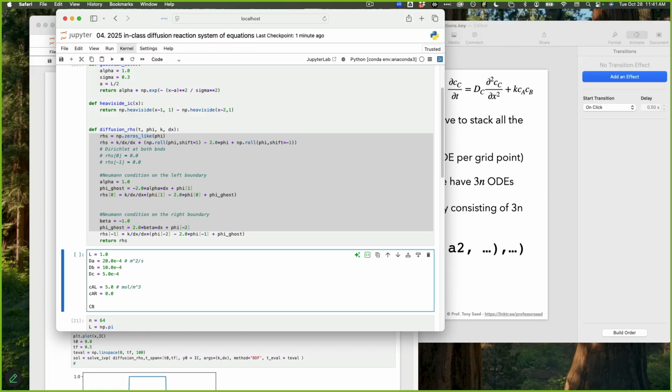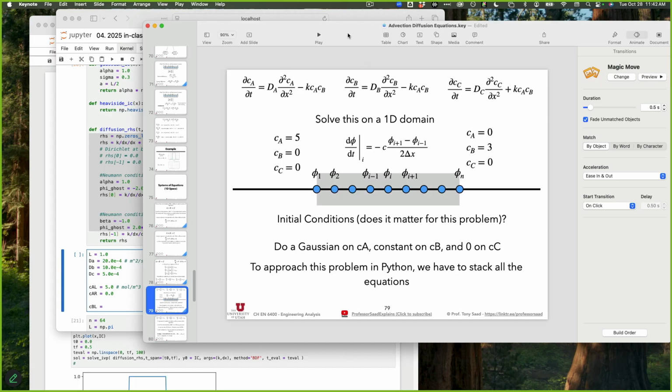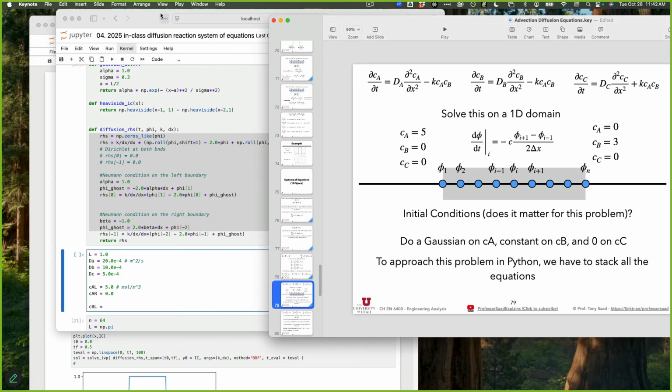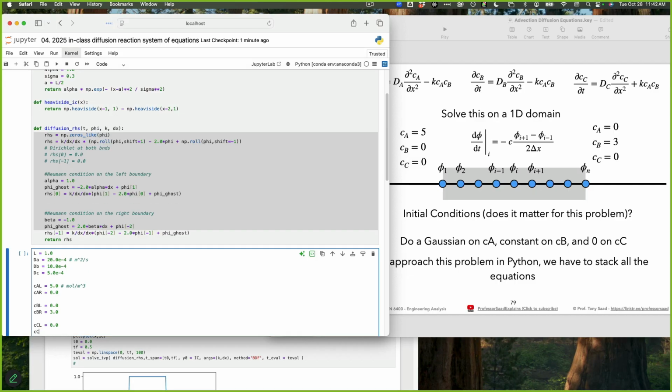The concentration of B on the left is 0.0, and the concentration of B on the right is 3.0. Then the concentration of C on the left is 0.0, and the concentration of C on the right is 0.0.